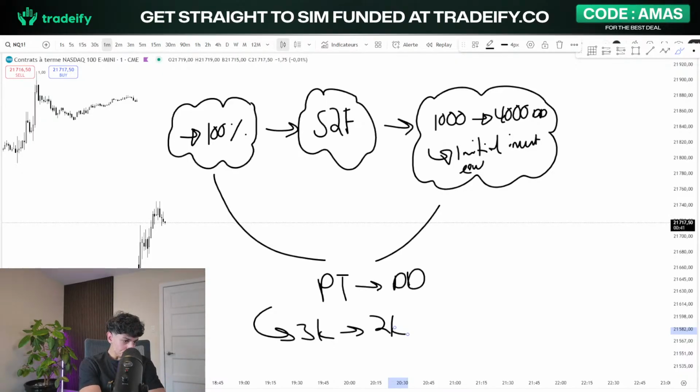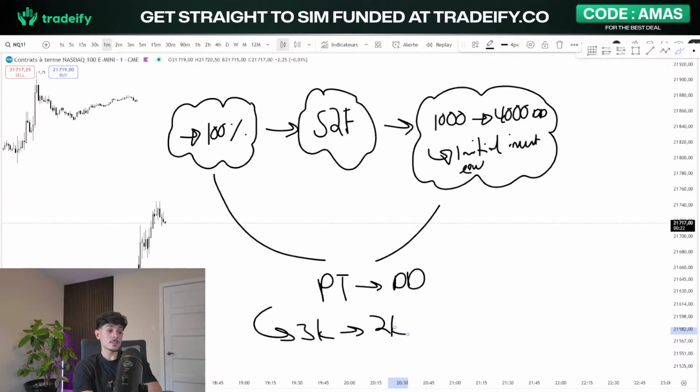But yeah, so 100% getting paid out. You don't even have to pass an eval. Your initial investment is far better than on a live account, and your profit target is pretty low compared to other firms.